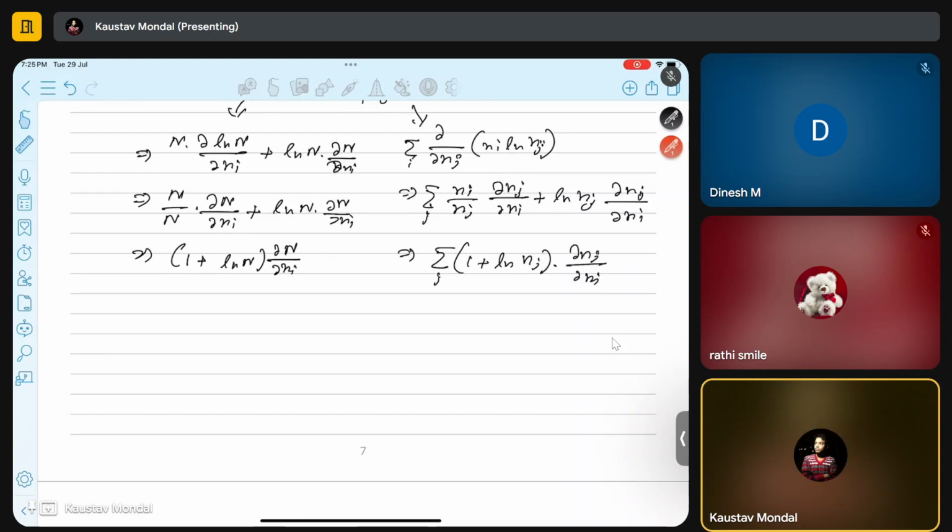These two terms get cancelled, so this gives you 1 plus ln N.